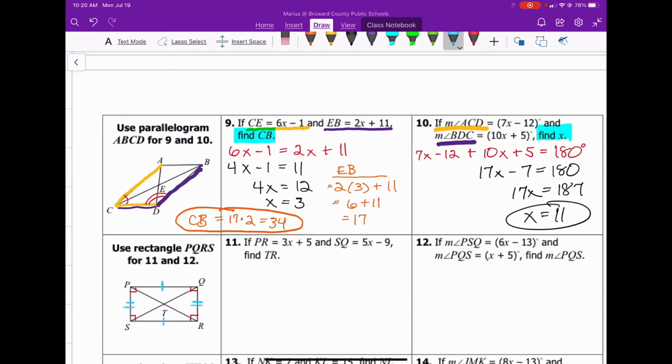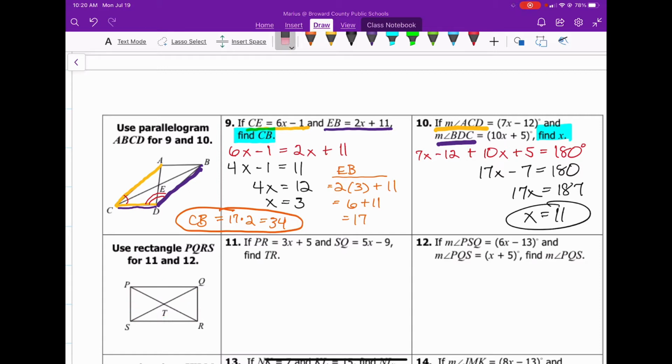We could also say that the opposite sides are parallel. For example, PQ is parallel to SR, and PS is parallel to QR. Those are different markings that we could do to this rectangle.